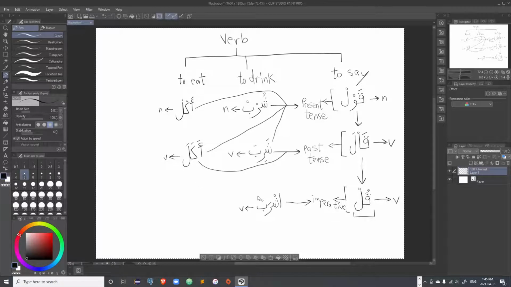This was an exception. So we will remove the cutting hamza and start the imperative with the second letter immediately following the cutting hamza. So the imperative here will be kul. Kul. And this is an imperative.